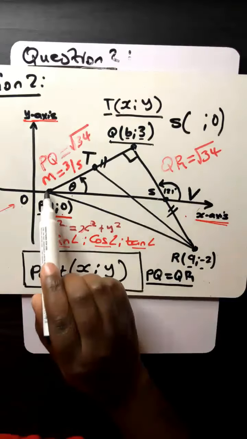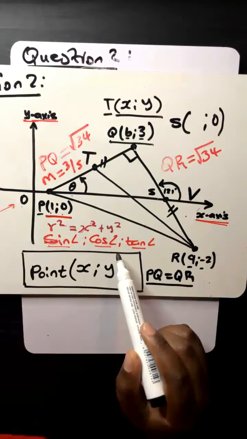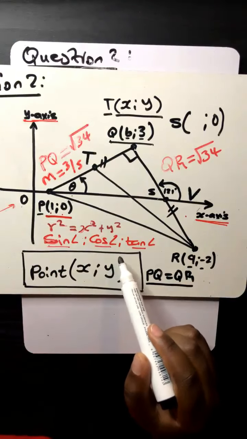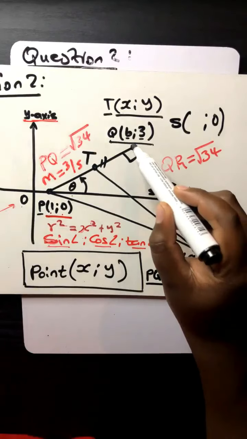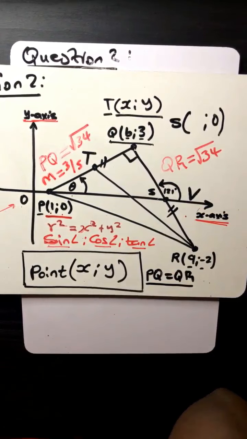Oh, you're saying since PS is opposite to that, but now, if you use the theorem of Pythagoras, what is the length of QS? Oh, sorry, sir. I did not notice.